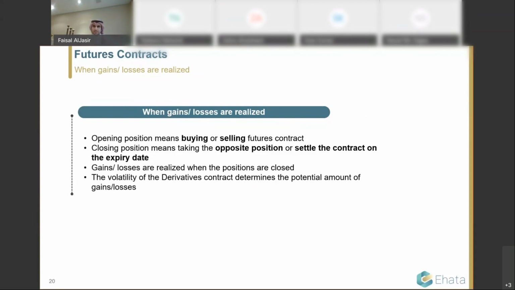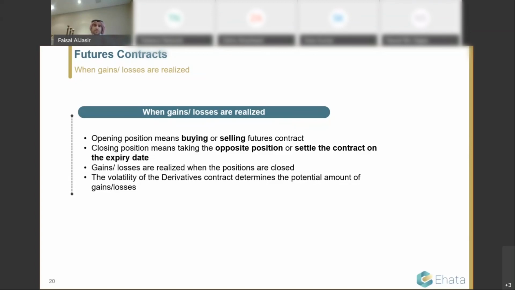Closing a position means taking either the opposite position or settling at the expiry date. So these are two ways of doing that. Gains and losses are realized when the positions are closed. However, they are marked to market also on a daily basis, but they are realized when the position is closed.